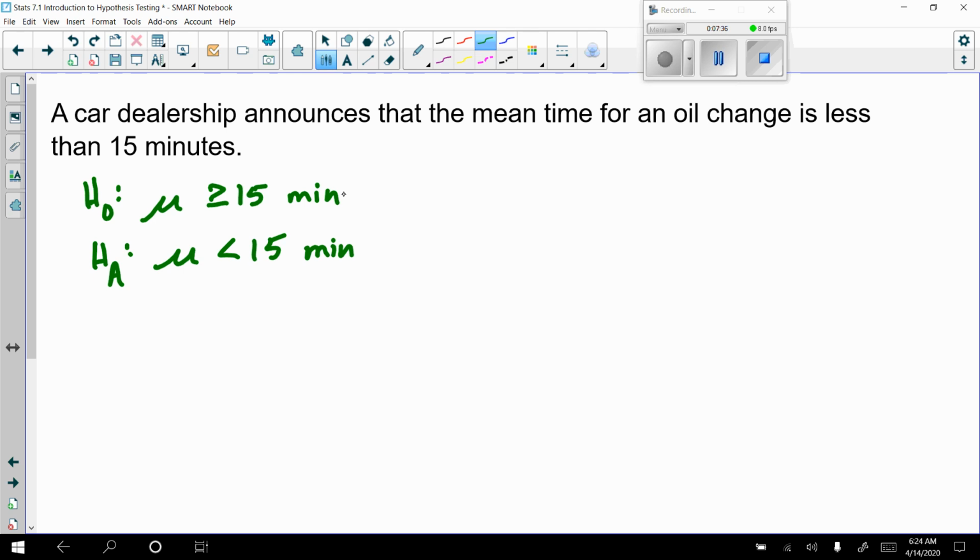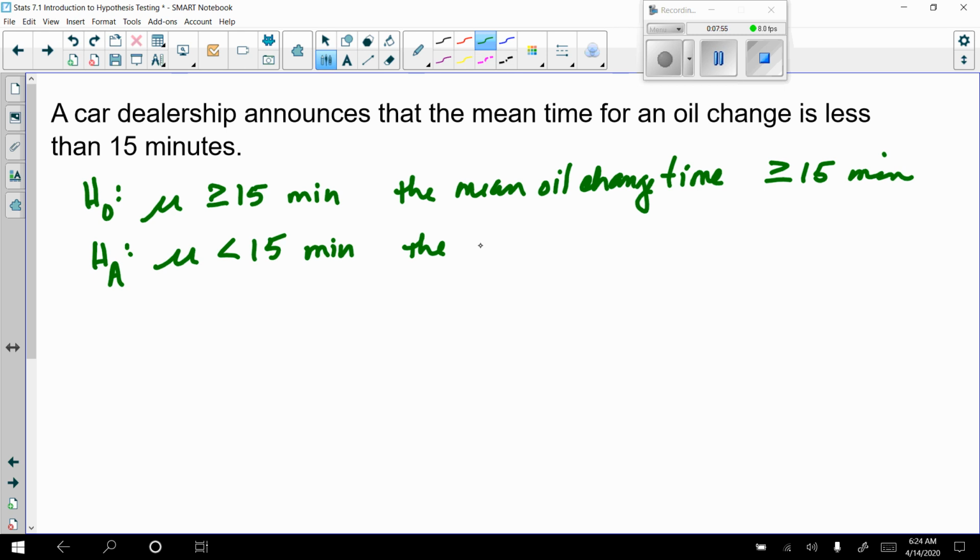That means, in words, that the mean oil change time was greater than or equal to 15 minutes, and the mean oil change time was less than 15 minutes.